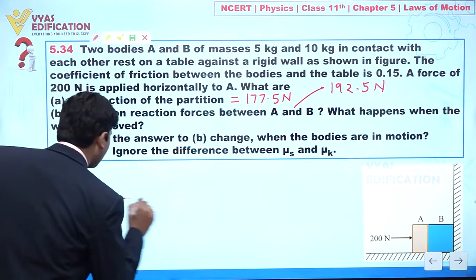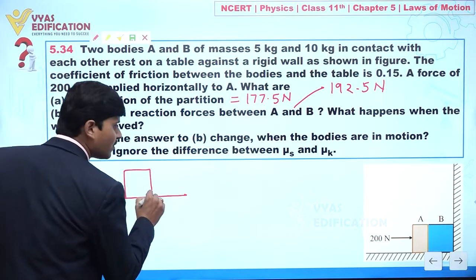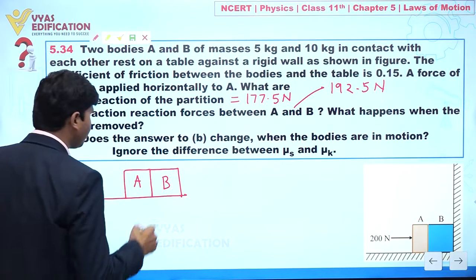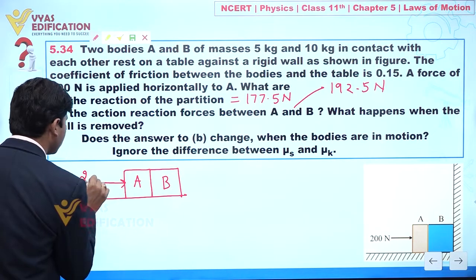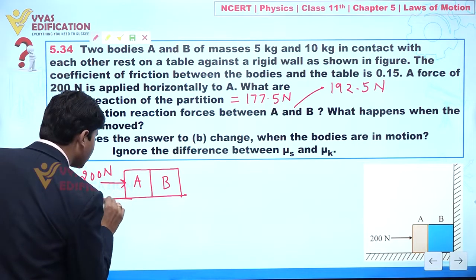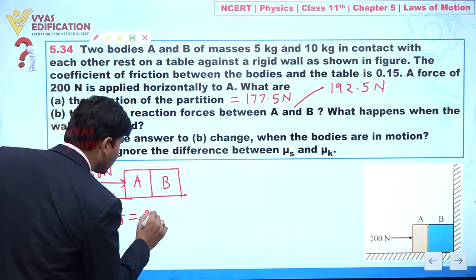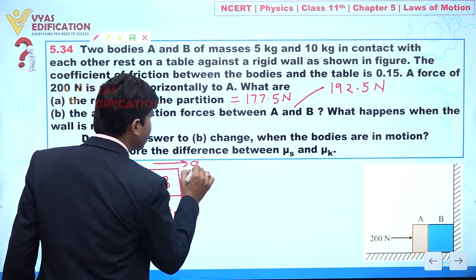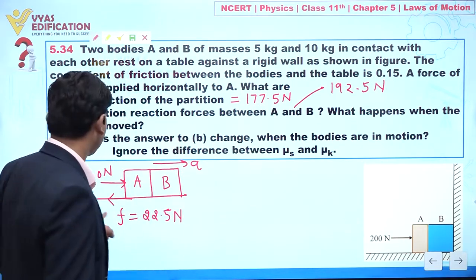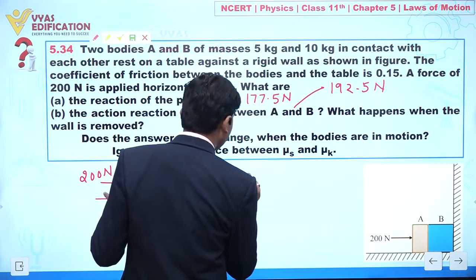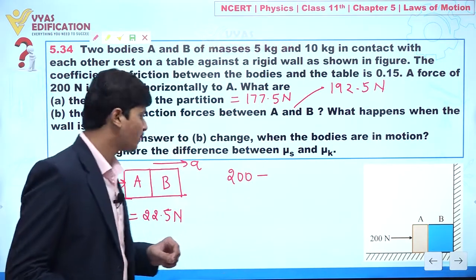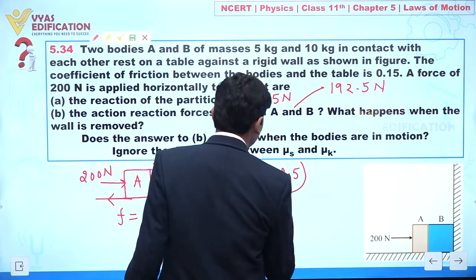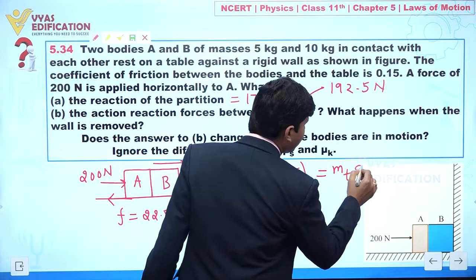So now we can write like this. Let's suppose here we have block number A and here block number B. Force acting in the right direction is 200 Newton, friction force is 22.5 Newton, and acceleration is acting in the right direction, say AC. So 200 minus 22.5 is equal to 177.5, which equals total mass into combined acceleration.